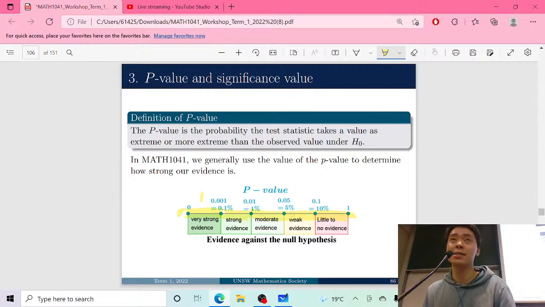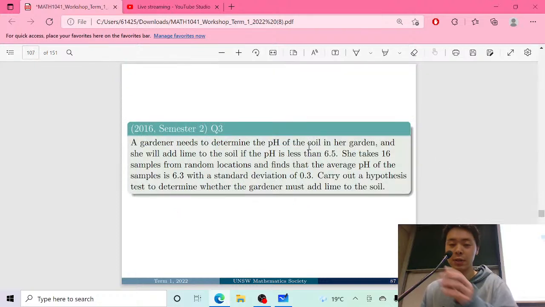And because it's hard to say, we don't necessarily reject the null hypothesis, but rather we just say there's not enough evidence to reject the null hypothesis. Does that make sense? Yeah. Cool. All right, so let's have a look at an example to try to clarify what it all means.